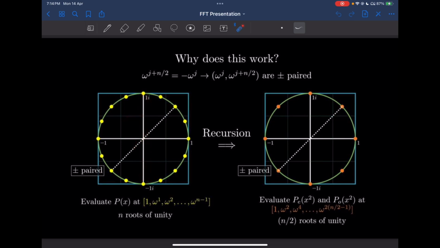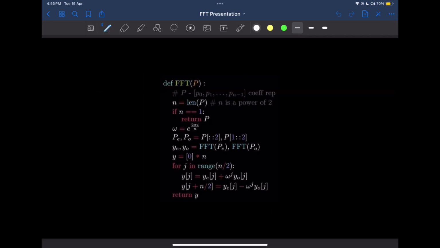Similarly, for any point on the unit circle, the corresponding negative point would be present at pi radians. Therefore, you can say that the corresponding negative value of the jth root of unity is going to be j plus n by 2.